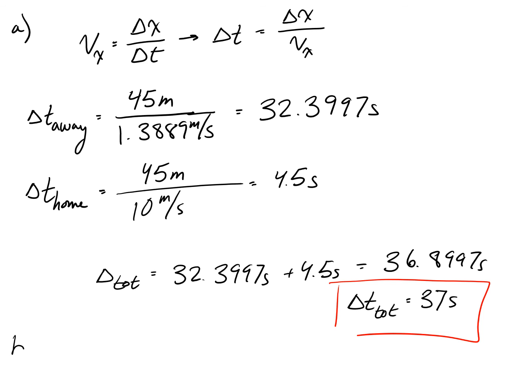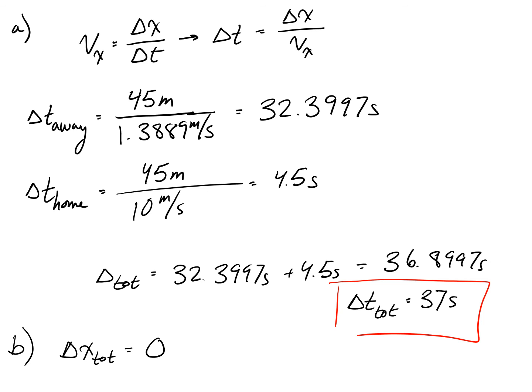In part B, we are being asked to solve for the average velocity for the entirety of the trip. If we think about it, we were home, we ran 45 meters away, and we came back home. So our displacement for the total trip is 0. I go, let's call it positive 45 meters, and then I switch and I go negative 45 meters.